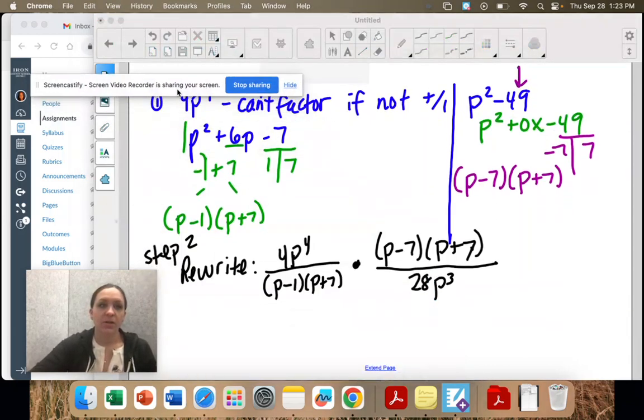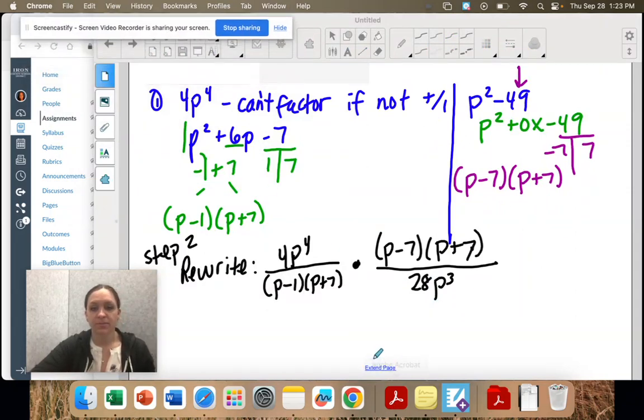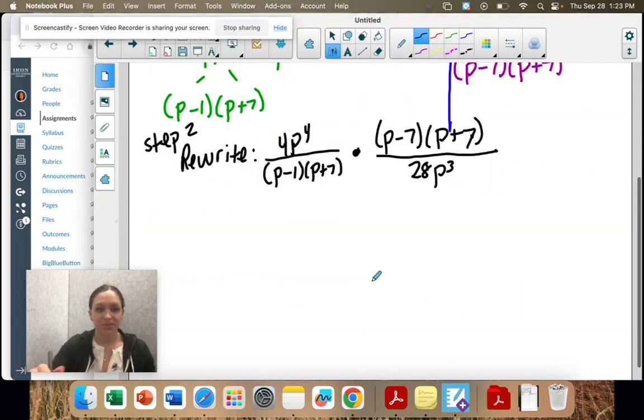All right, and now we are going to, sorry, I want some more room here. Cross cancel. So we can go diagonally and then up and down. So diagonally, I see the plus 7s. Gone. This way diagonally, I can cancel, but I'm going to multiply so I can show you what happens.